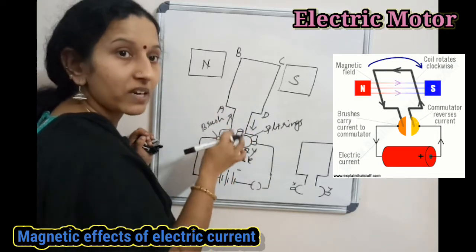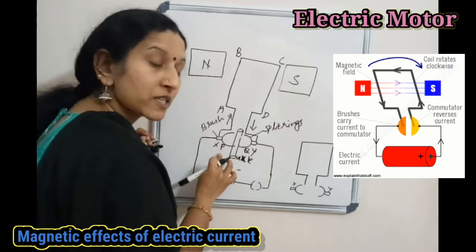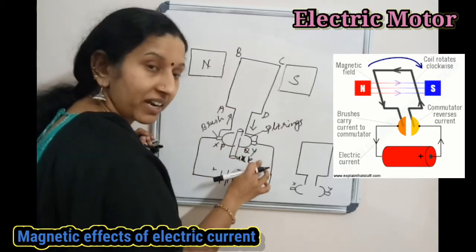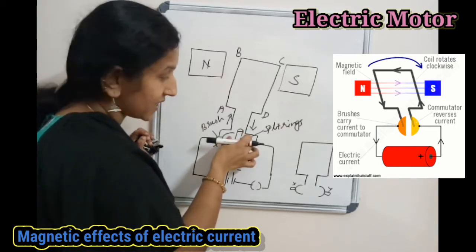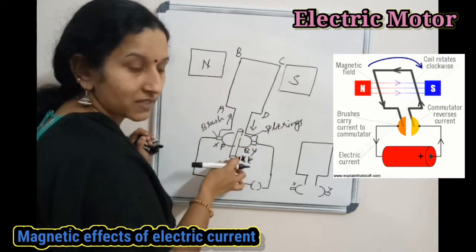The two ends of the coil are connected to the two halves P and Q of the split rings, and the inner side of the halves is insulated and attached to an axle.